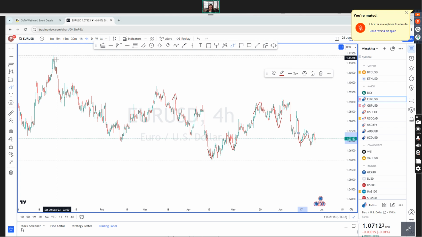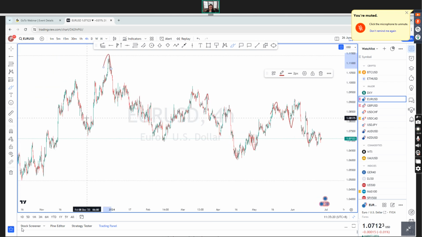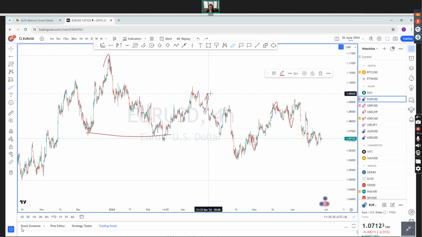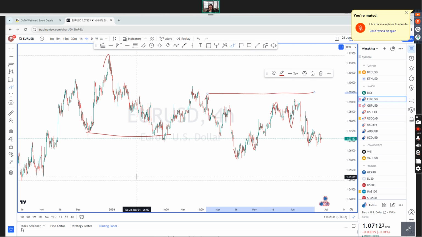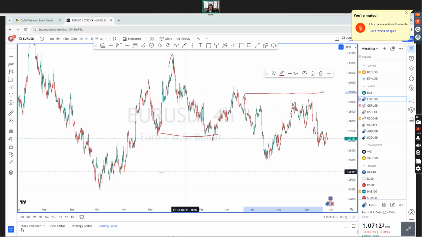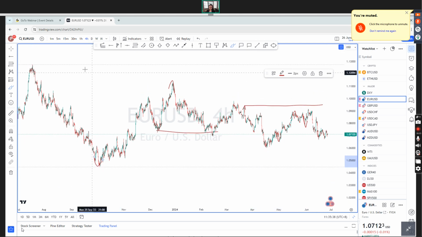This is very clear, your resistance level, and this is your support. Okay, your support here. You would just identify like somewhere here. You can see that this is your support level, your resistance level as well.